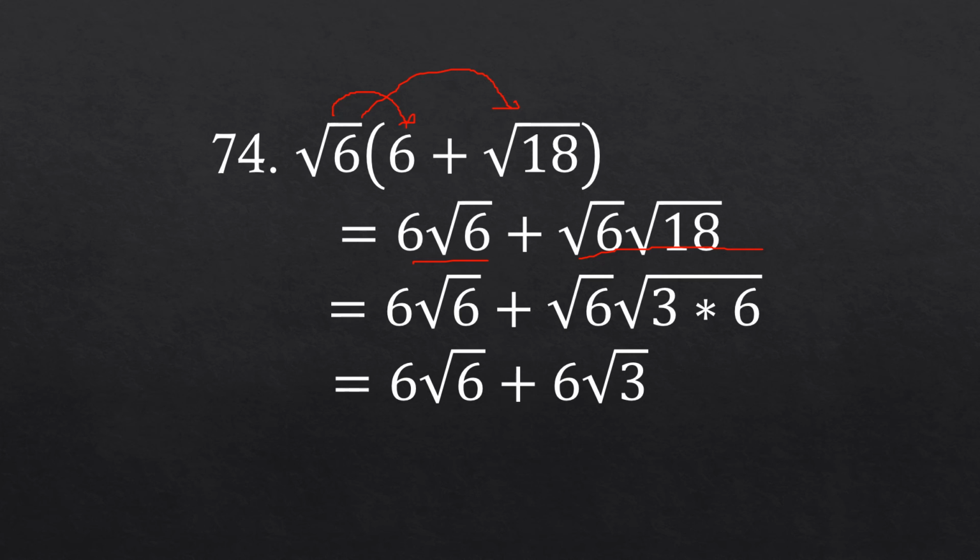So we will separate 18 into two numbers, which are 3 times 6. And here we have the square root of 6 times the square root of 6 equals 6. And we cannot simplify the square root of 3, and also we cannot simplify the square root of 6 anymore. And that was the end of this exercise.